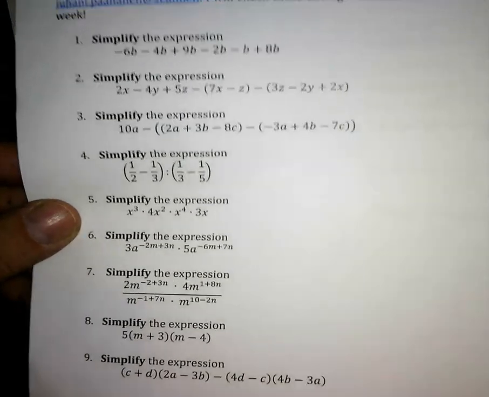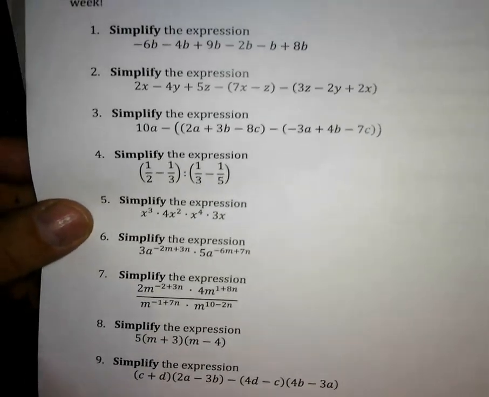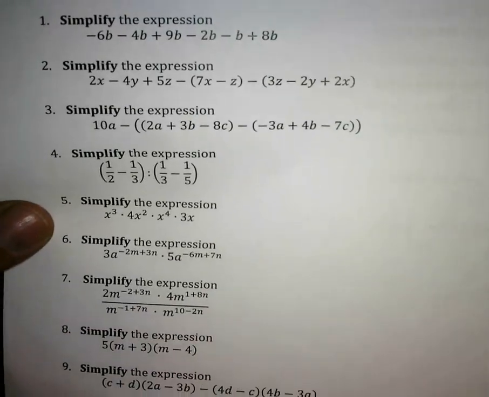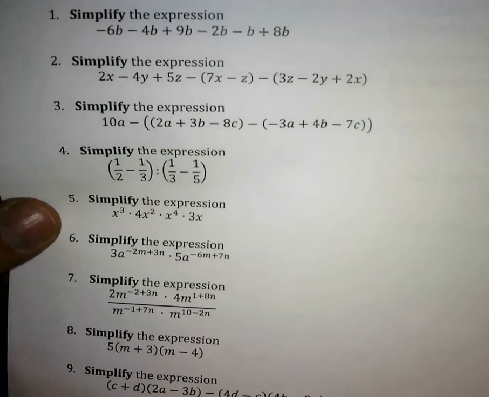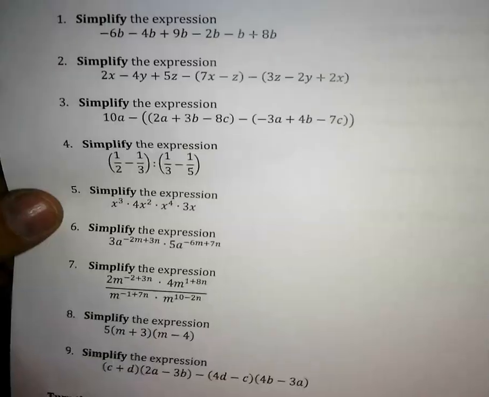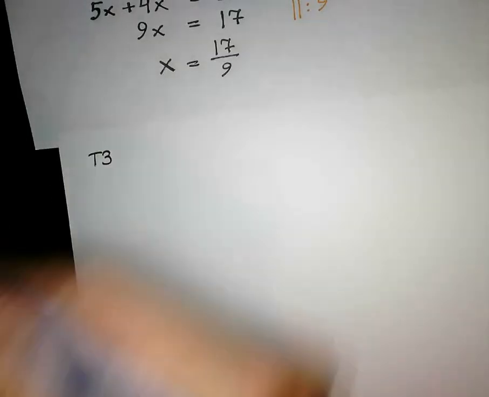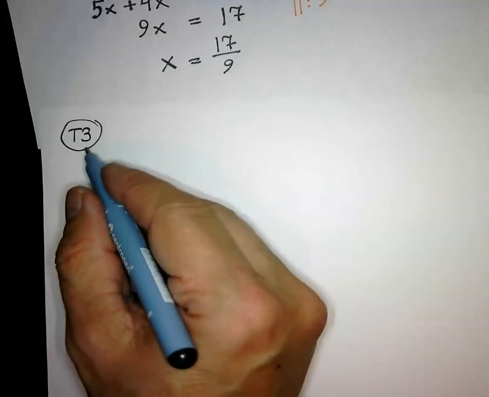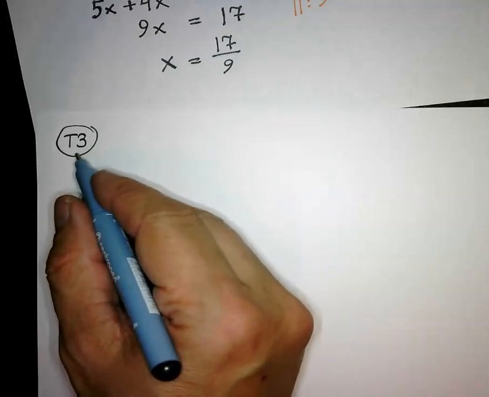So I will write: simplify the expression, and this will be an expression where there are letters A, B, and C. Tehtävä 3, exercise 3, or problem 3.